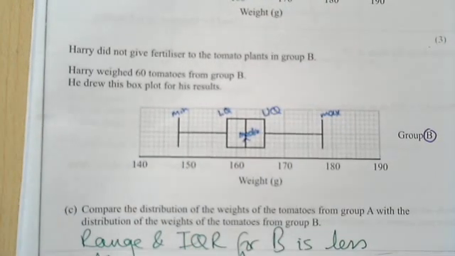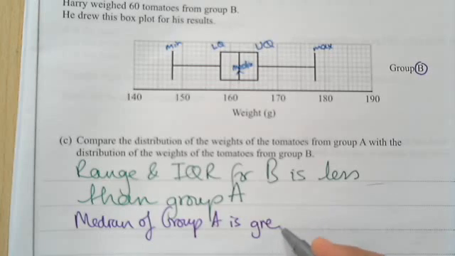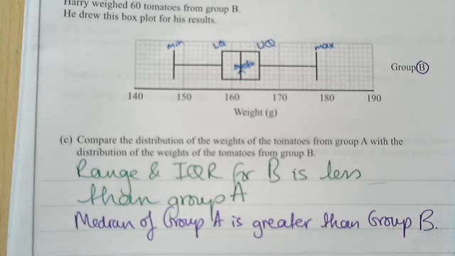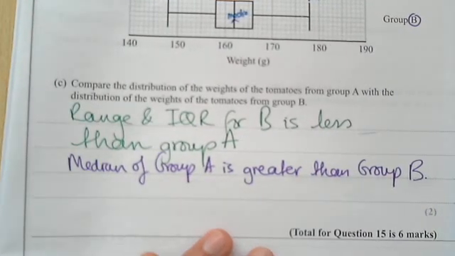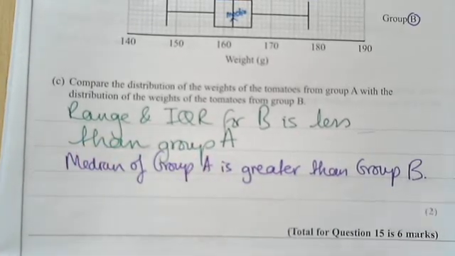So the median of group A is higher. Okay, done. 2 marks. Mention range and interquartile range and median. Enough for 2 marks.